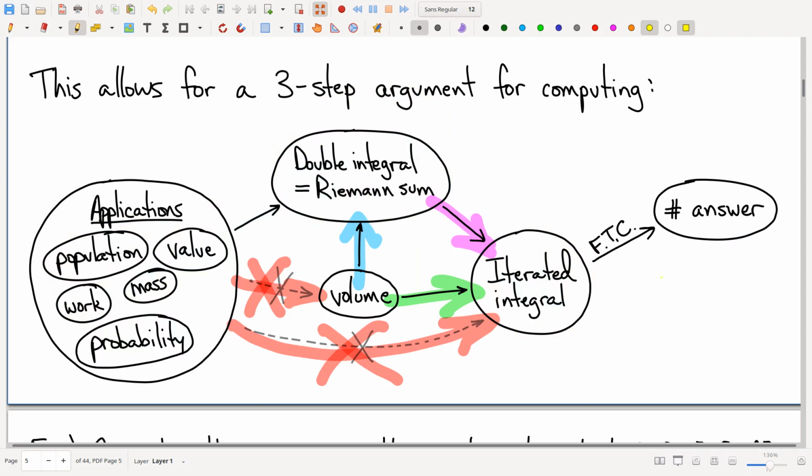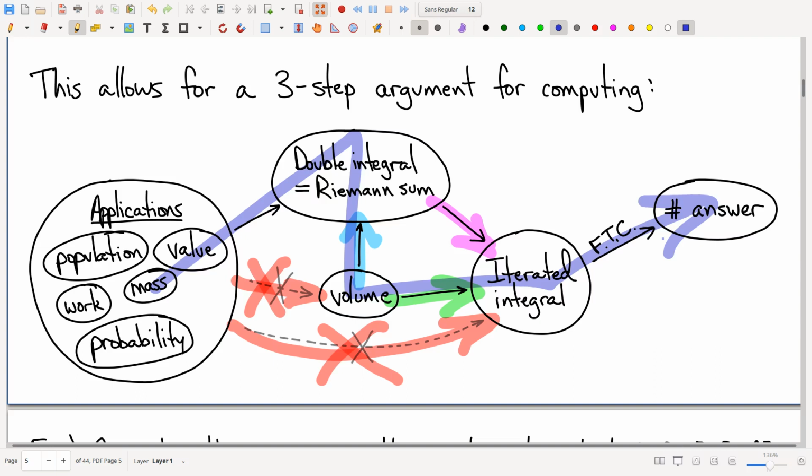So let me also point out while we're here, notice volume has now sort of served its purpose for us. We're not going to be doing this. I don't need to say, mass is a double integral. I can interpret the double integral as a volume. Volume I can compute with an iterated integral.